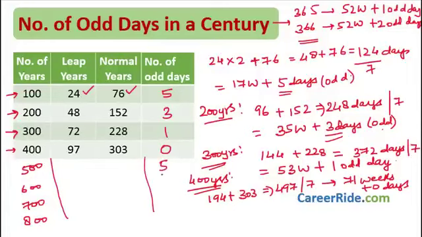It will become 5, 3, 1, 0 number of odd days again, right? Which means that when it is a leap century year, 400, 800, 1200, then you get 0 odd days.